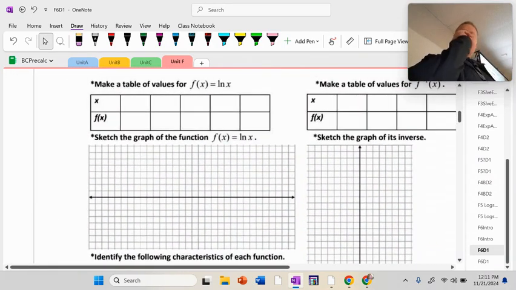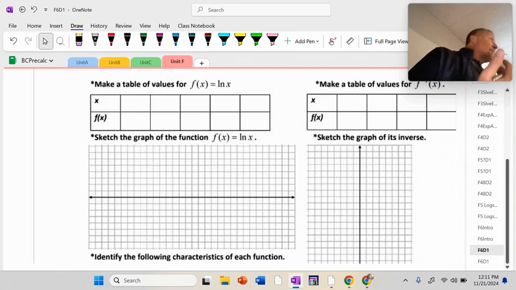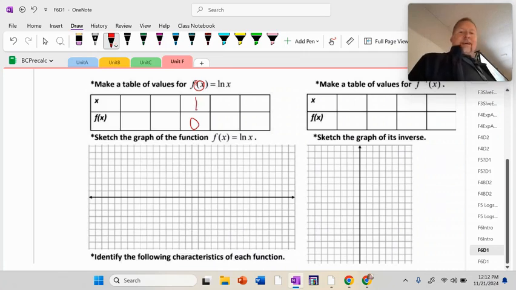When we have ln, the output becomes the input. Because if I plug in 0 here, e to what power? What's e to the 0 power? 1.